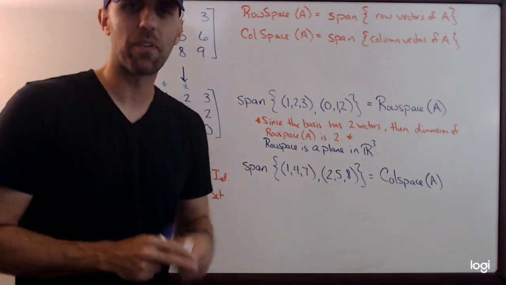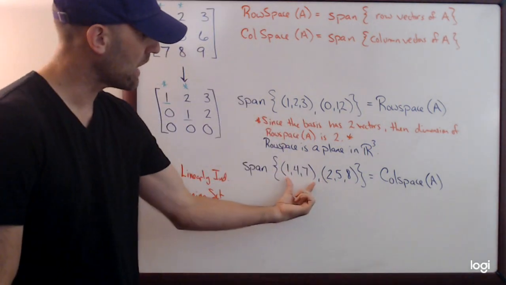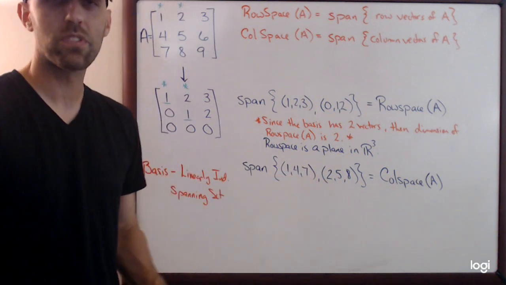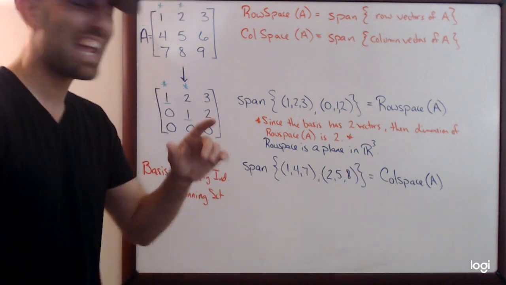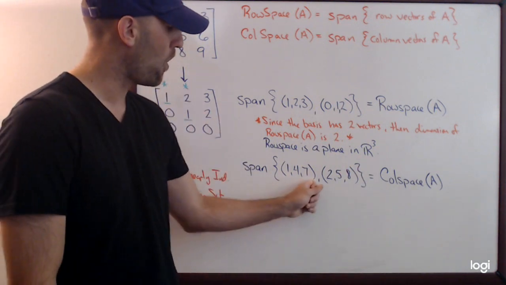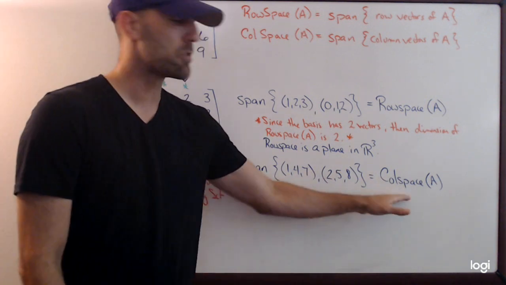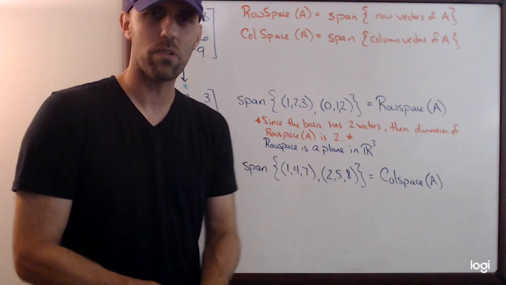Let's do the same thing for the column space, right? All these same things apply. Again, we're looking at the individual vectors here. I've got a vector, it's got 1, 2, 3 components, right? So these vectors also live in R3. Count the number of vectors we have. I've got 2 vectors. So this column space lives in R3 and it is 2-dimensional.